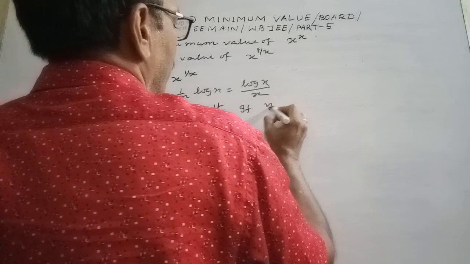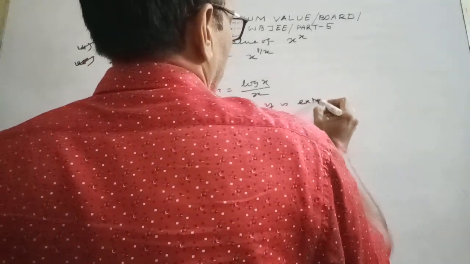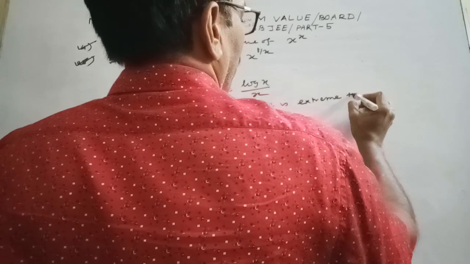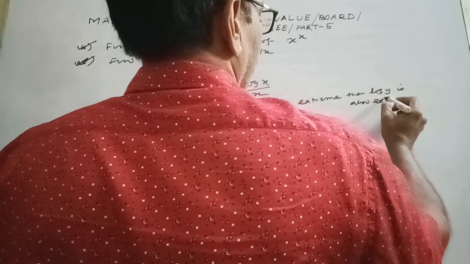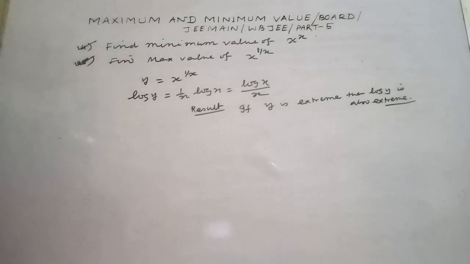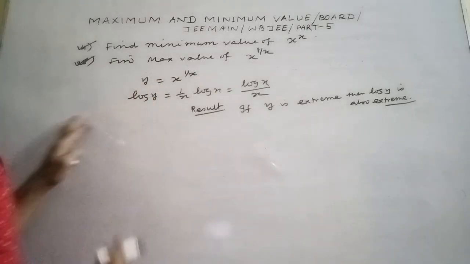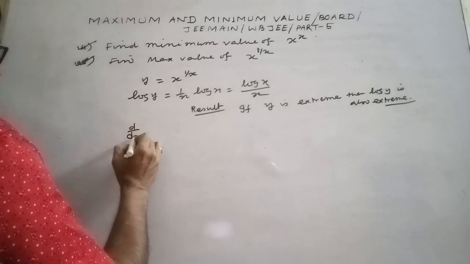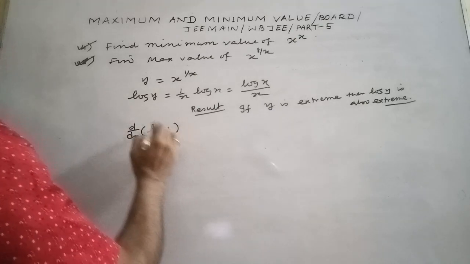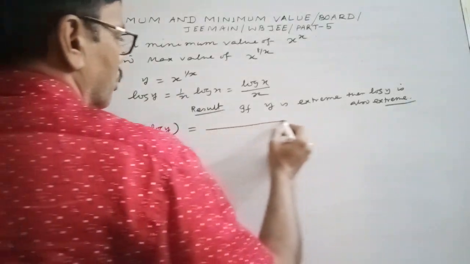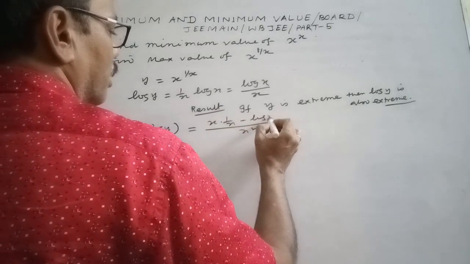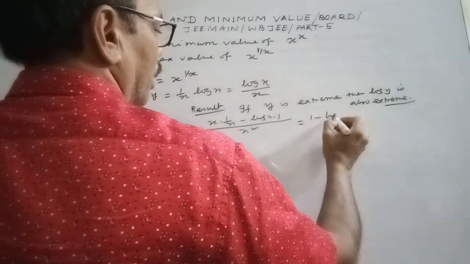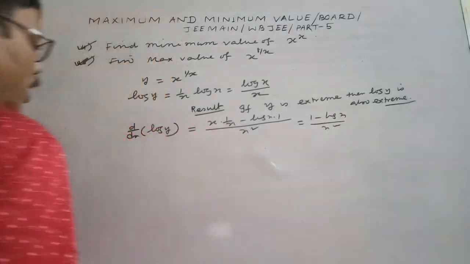If y is extreme, that is maximum or minimum, then log y is also extreme. So we are not taking 1 by y dy/dx. We are taking the derivative of log y. This is a quotient, so the denominator is x square, x into 1 by x minus log x into 1. So (1 minus log x) by x square.